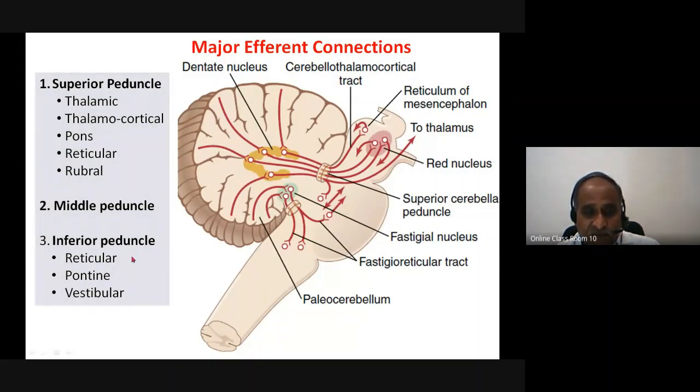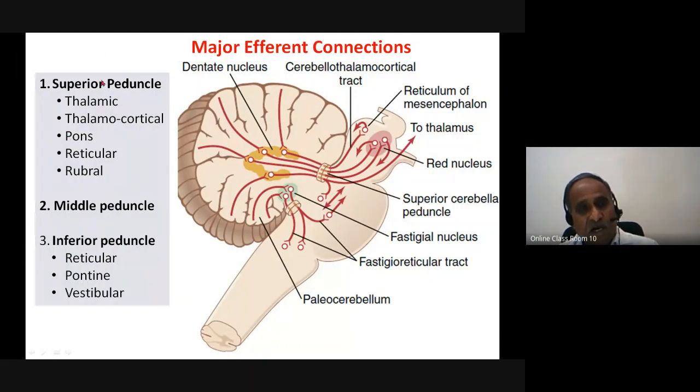Then the inferior peduncle gives output to three areas. One to the medullary reticular system or pontine reticular system, and then the vestibular nuclei, and that is the output from the cerebellum.